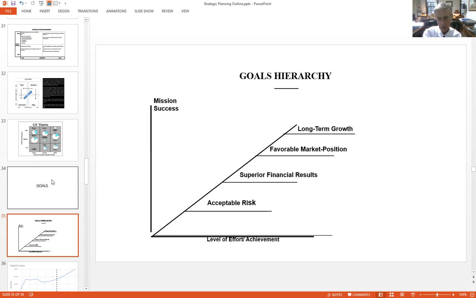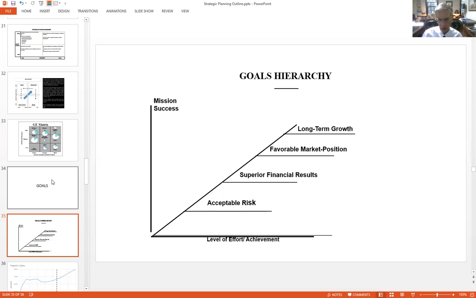So you can have risk for reasons more than just high leverage. There can be a lot of reasons that make a company's risk unacceptable. When you're at that level, you may think about the other levels on the hierarchy, but your highest priority is going to be to get more acceptable risk.